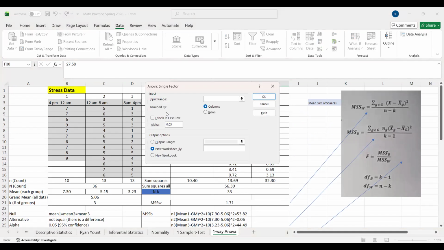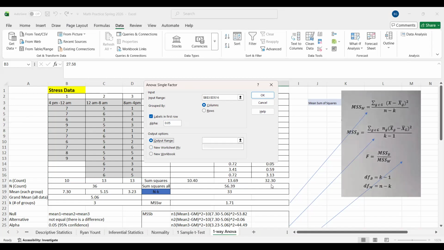And it's going to ask me for the input range. I'm going to include the headers in this. Just grab all my data. And I'm going to check labels in the first row. We'll use a 95% confidence level, so the 0.05, I'll leave that to where it is. And it's going to ask me where I want to put it. And I think I'll put it maybe L24.